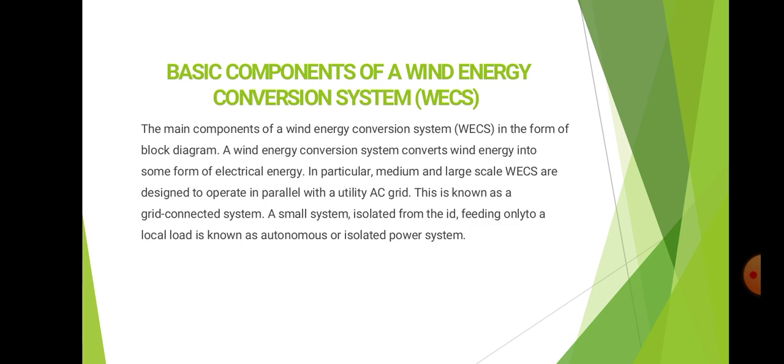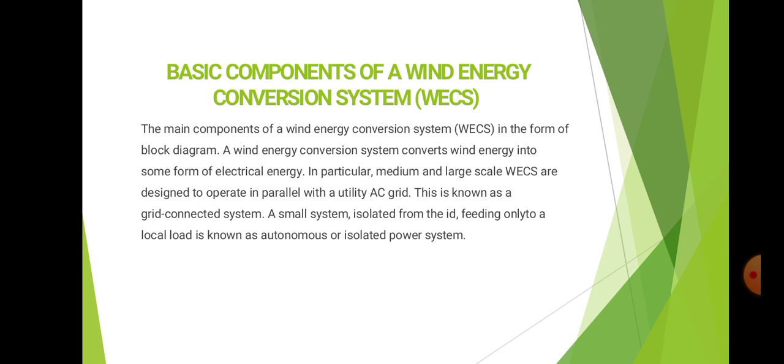Basic components of the wind energy conversion system. The main components of a wind energy conversion system are shown in the form of a block diagram. A wind energy conversion system converts wind energy into some form of electrical energy in a particular medium.